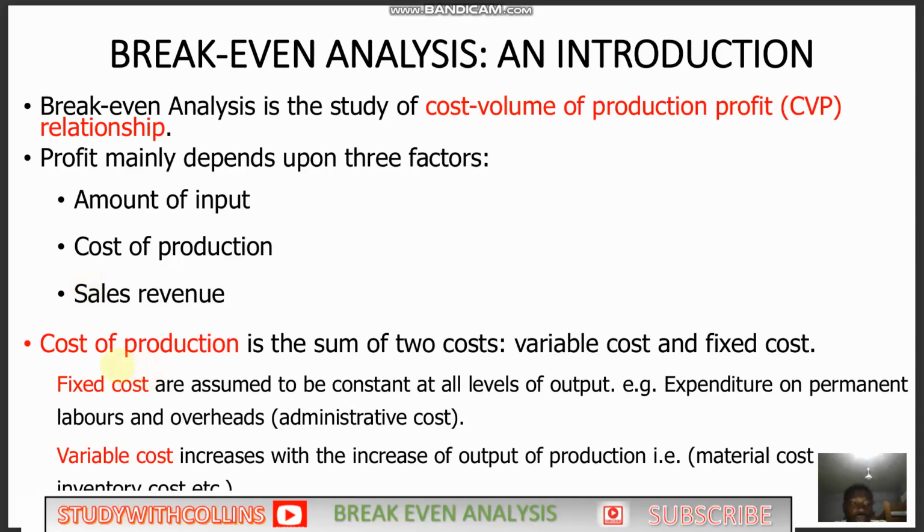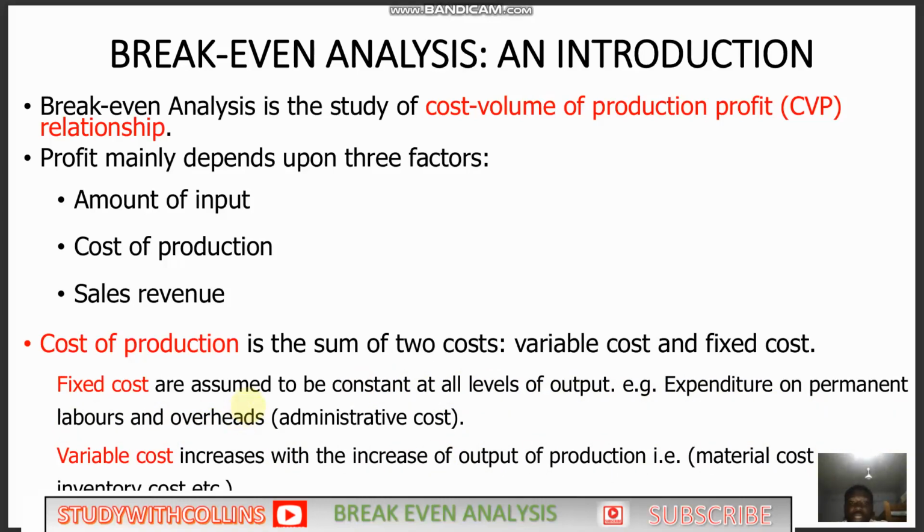Then we move on to cost of production. So cost of production is the summation, or the addition, of variable costs and fixed costs. Now, what is variable cost and fixed cost? So fixed costs are assumed to be constant at all levels of output. An example of fixed cost is expenditure on permanent labor and overheads. Another example is the cost of rent.